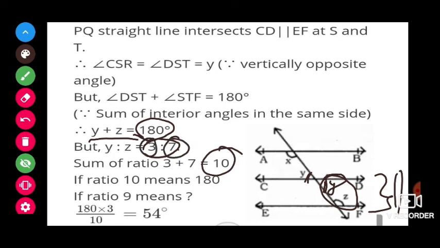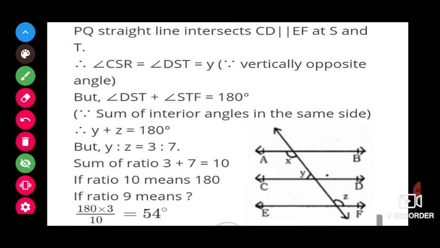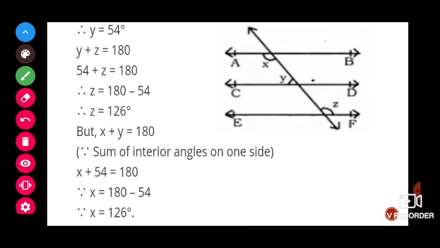So y is equal to 180 divided by 10 into 3, that is 54. Next, z is 180 divided by 10 into 7. So the y value is 54 and the z value is 126 degrees.